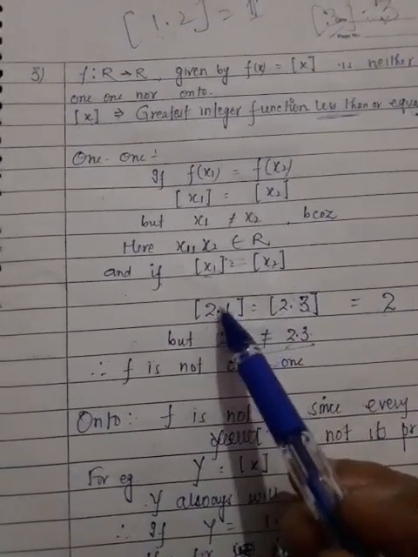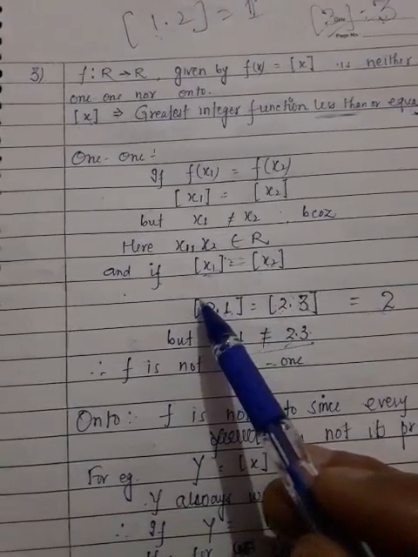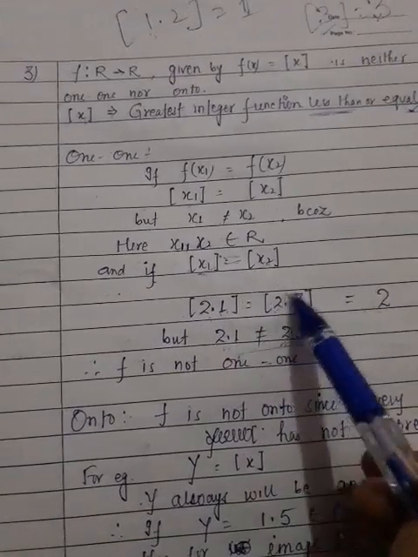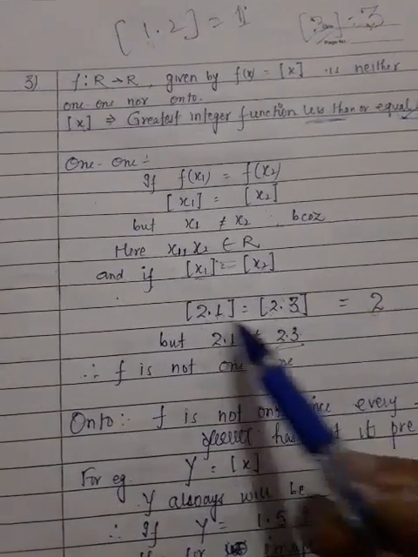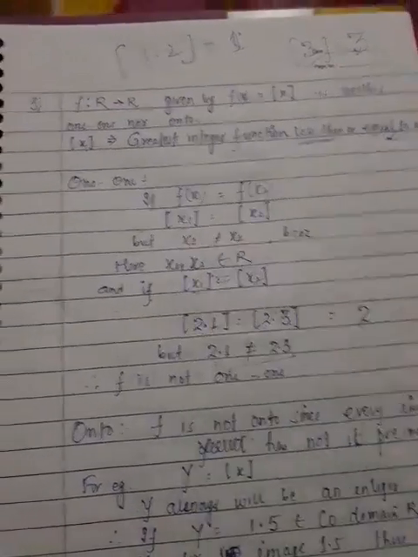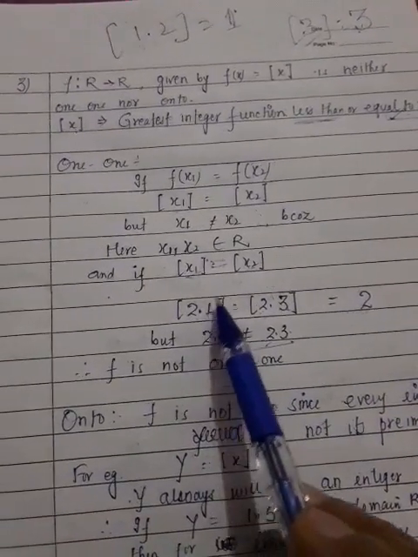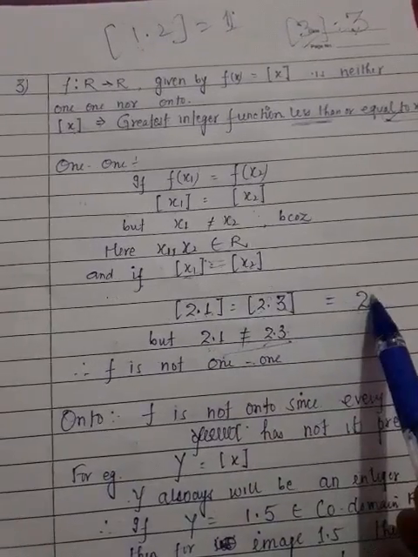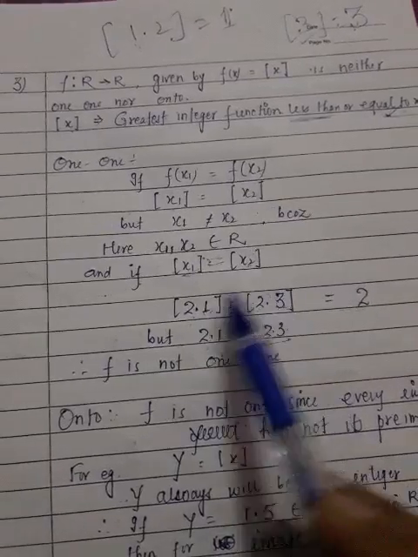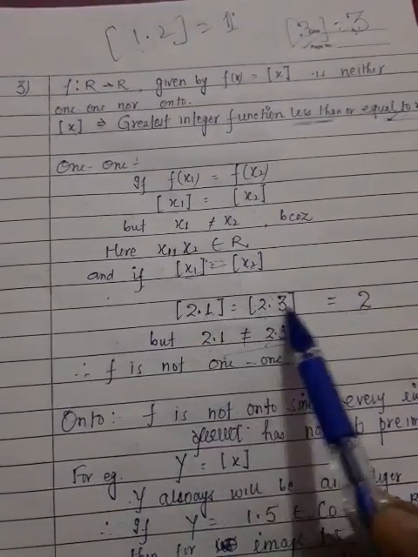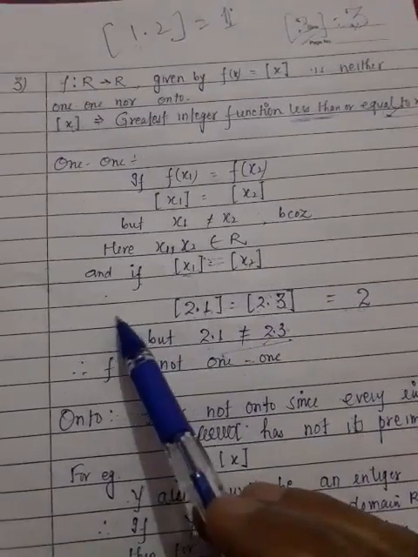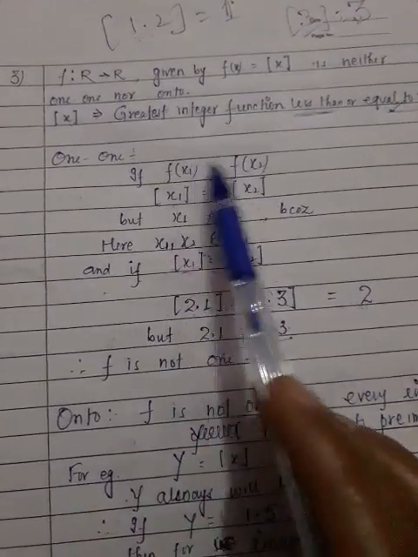For example, if we take the greatest integer function of 2.1 and 2.3, both will be 2, because 2 is the integer which is less than 2.1 and 2.3 according to the definition. So the greatest integer function value of 2.1 is 2 and of 2.3 is also 2, but the domain values we put in are 2.1 and 2.3, which are not equal. So we can clearly say that function f is not one-one.